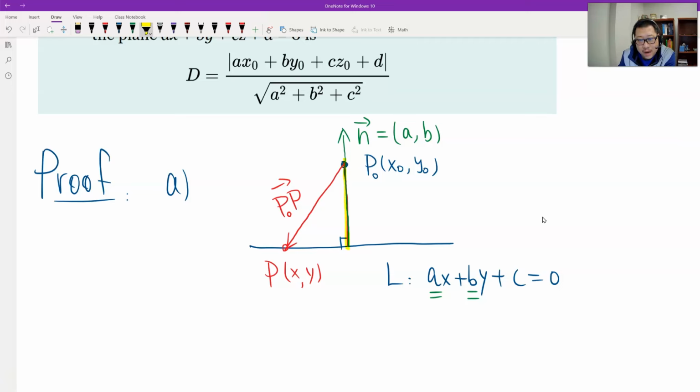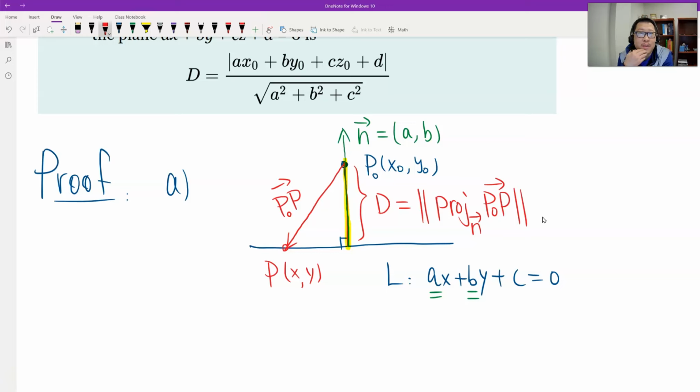Therefore, the distance we need to find, the shortest distance D, should be the norm of the orthogonal projection of the vector P0P onto the direction of n.